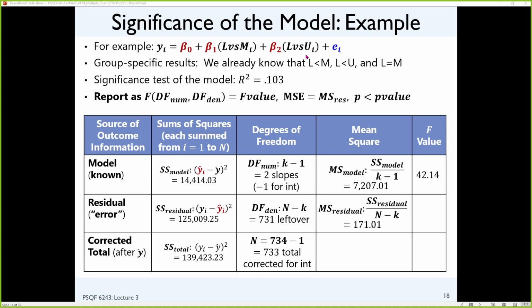Now we could ask, is that different than 0? Right. And that's where the rest of the table shows up. So the rest of this gives me a significance test for that R-square. And the big number to look at here is our friend F of 42.